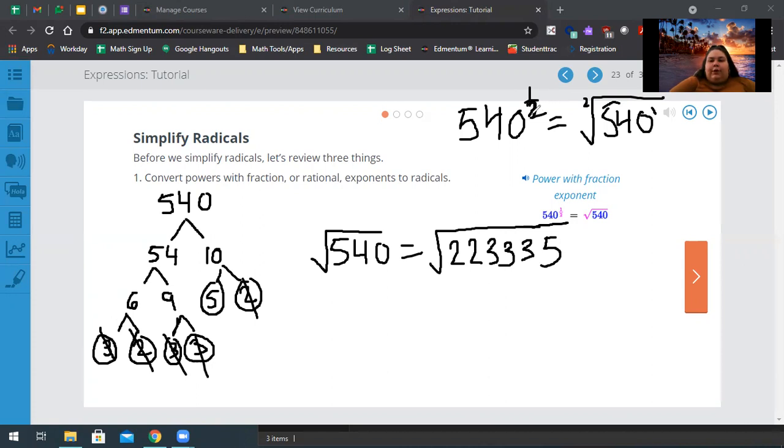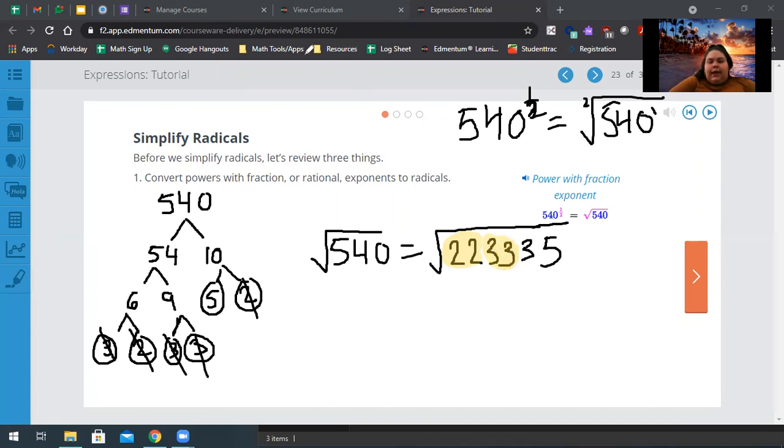When we originally were given 540 raised to the 1/2 power, that 2 there means inside my square root, I can only take out pairs. So I have 2 2s. I have 3 3s, but I can take out a pair of 3s.